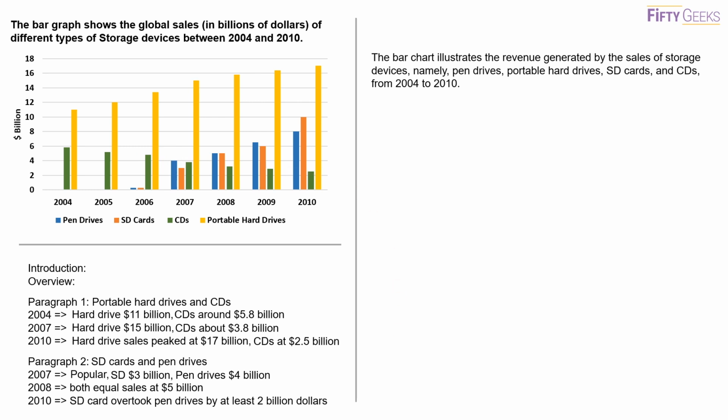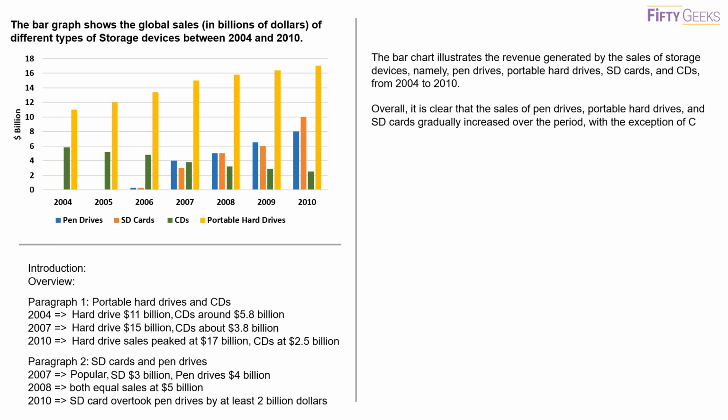All right, overall, it is clear that the sales of pen drives, portable hard drives, and SD cards gradually increased over the period, with the exception of CD earnings, which decreased with each passing year.